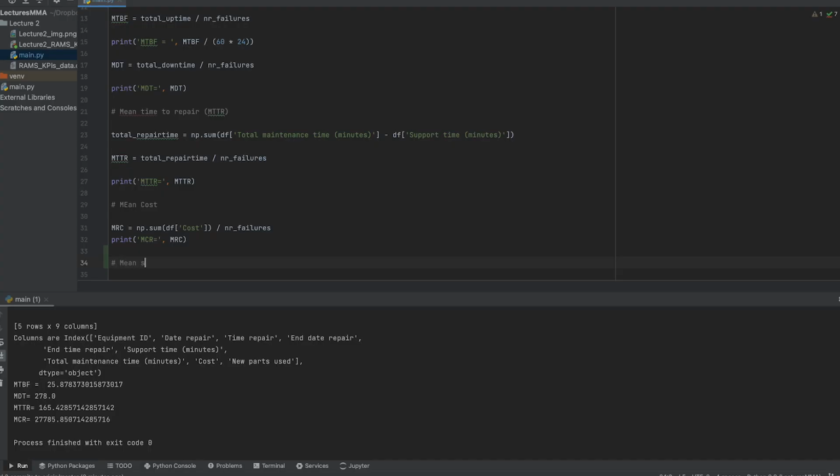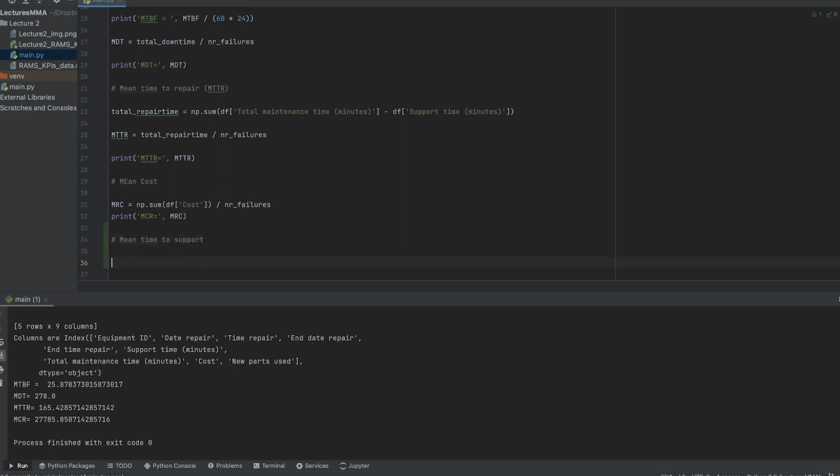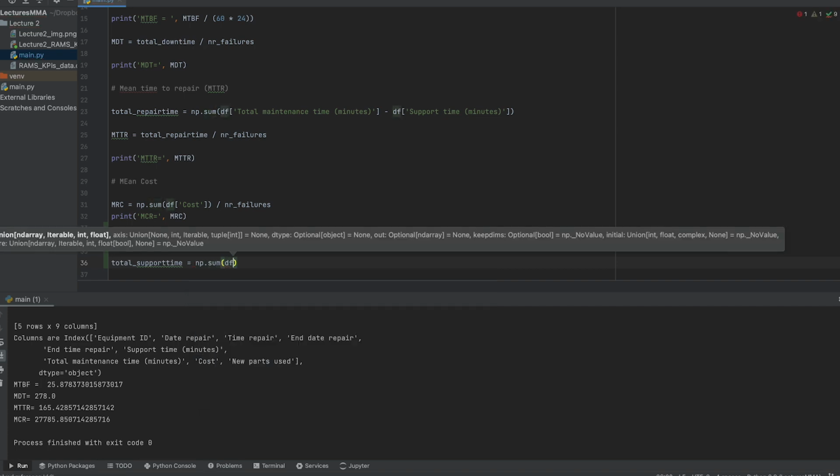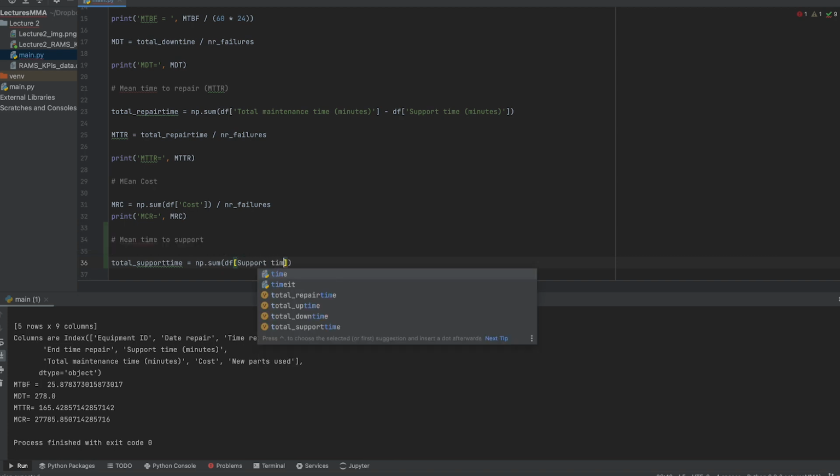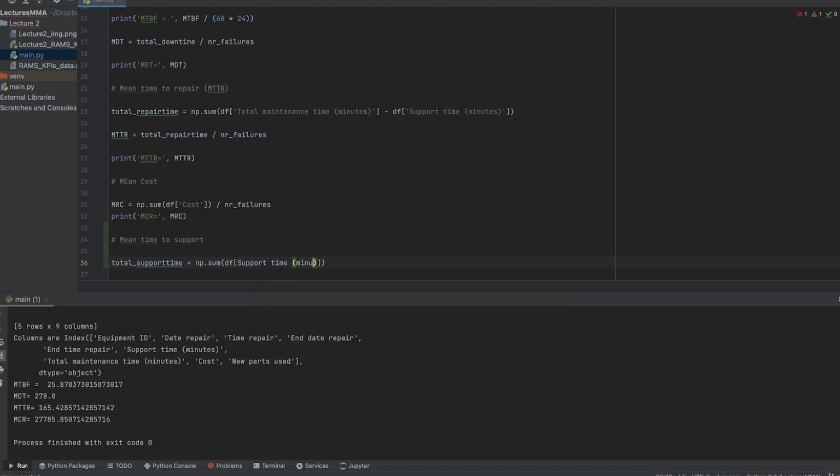Calculate the mean time to support. Okay, total support time equals NP sum df support time in minutes.